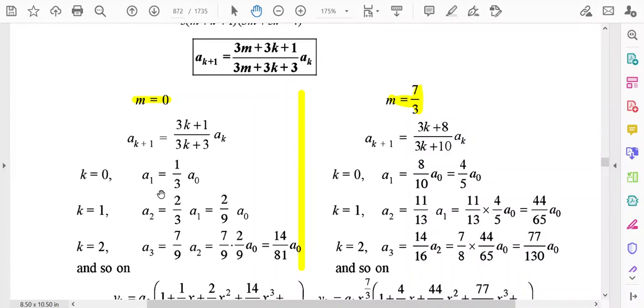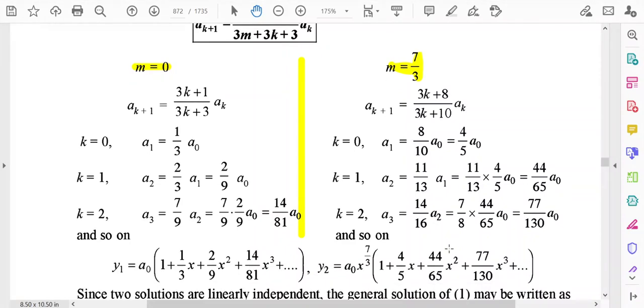So you are calculating a1, a2, a3, different values of a, by considering m is equal to 0. Similarly, for m is equal to 7 by 3, again from this recurrence relation, you have to calculate step by step a1, a2, a3, and so on, by putting k is equal to 0, k is equal to 1, k is equal to 2, and so on.